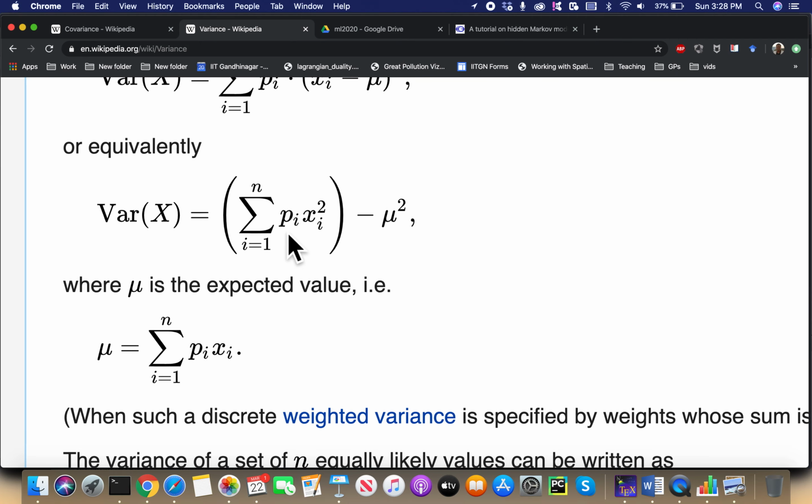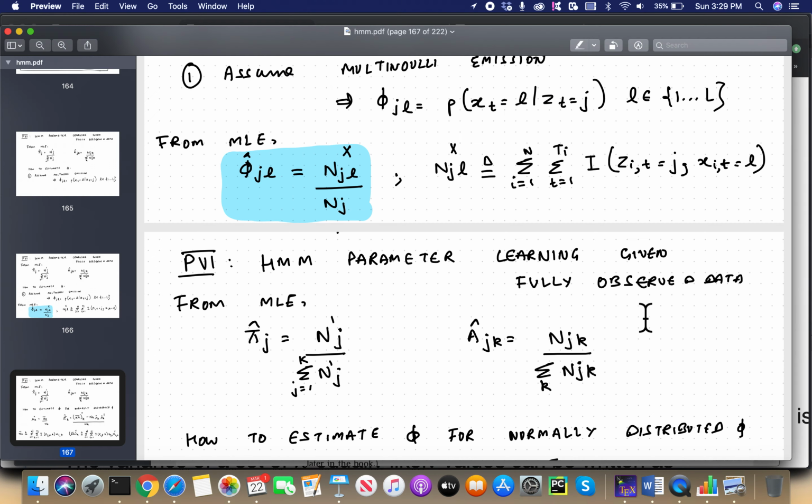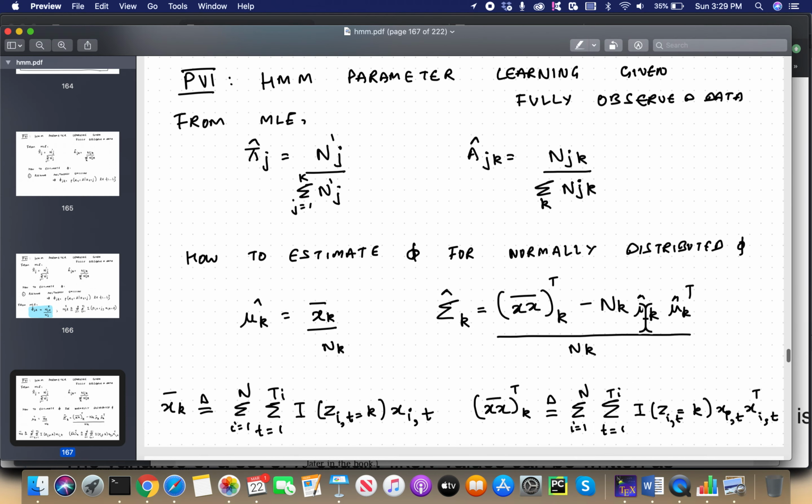You have the formula for variance as the sum of pi times xi squared minus mu squared. This formula is fairly similar to what we are seeing thus far.